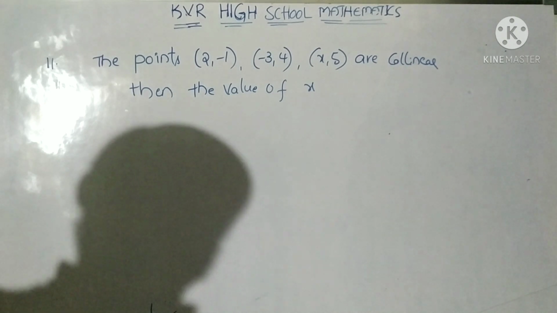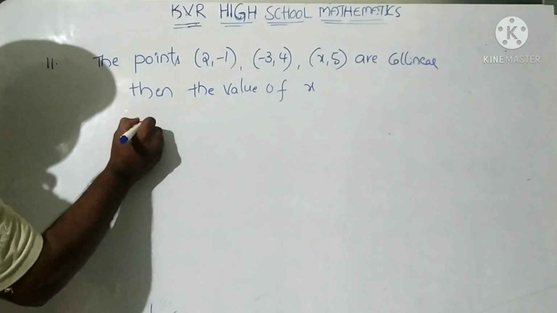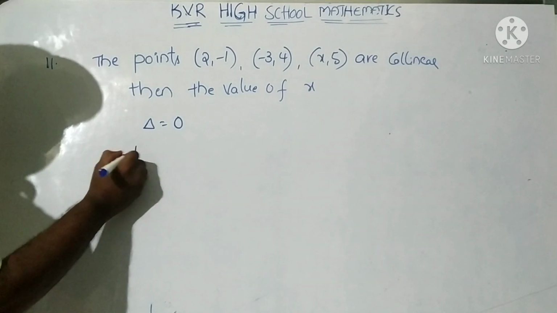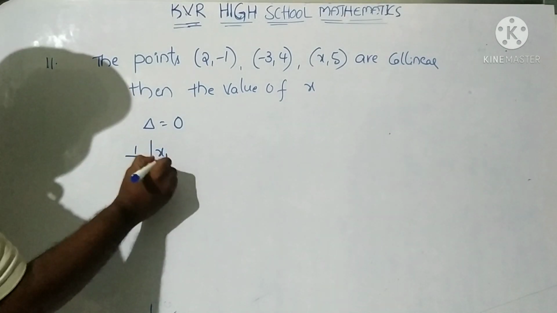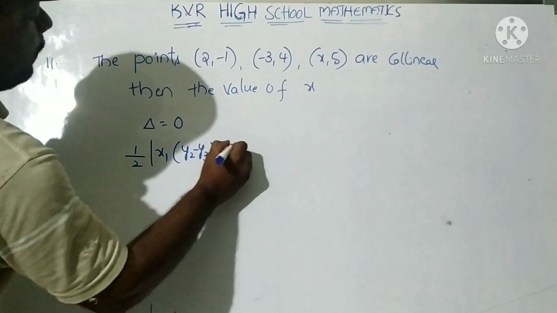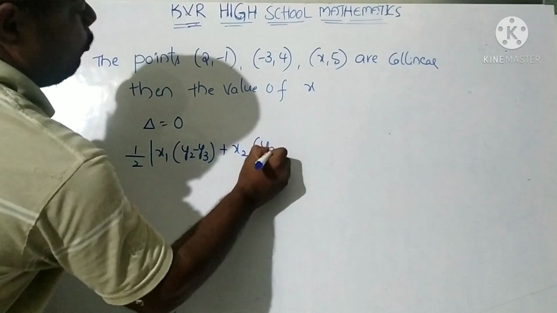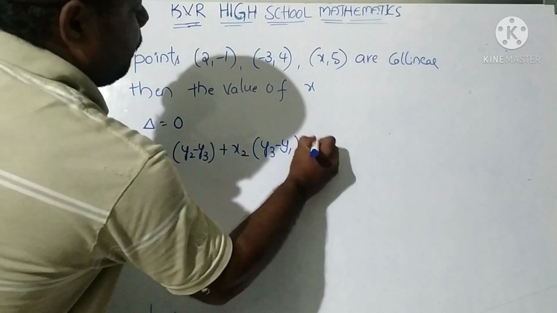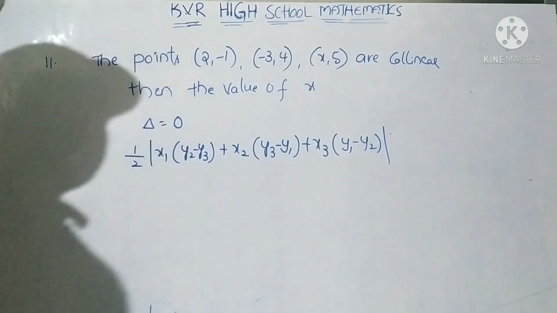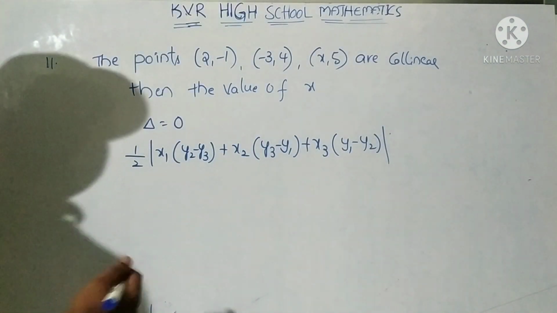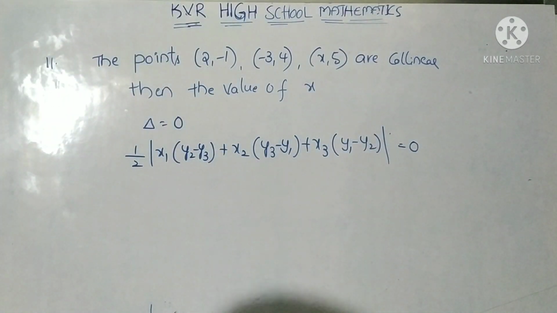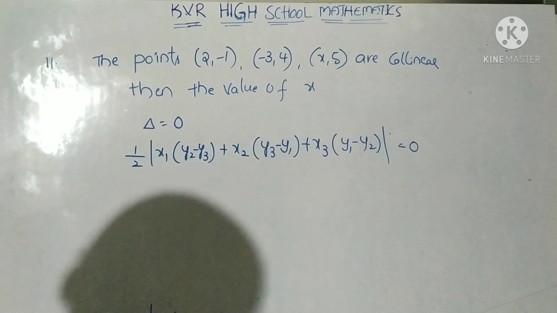So delta equals 0. The delta formula is half modulus of x1 into (y2 minus y3) plus x2 into (y3 minus y1) plus x3 into (y1 minus y2). That is the area of a triangle formula. But this area equals 0 because the given points are collinear.